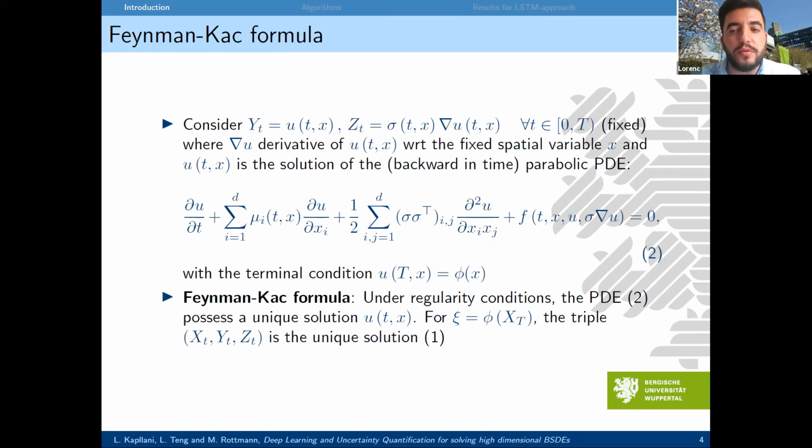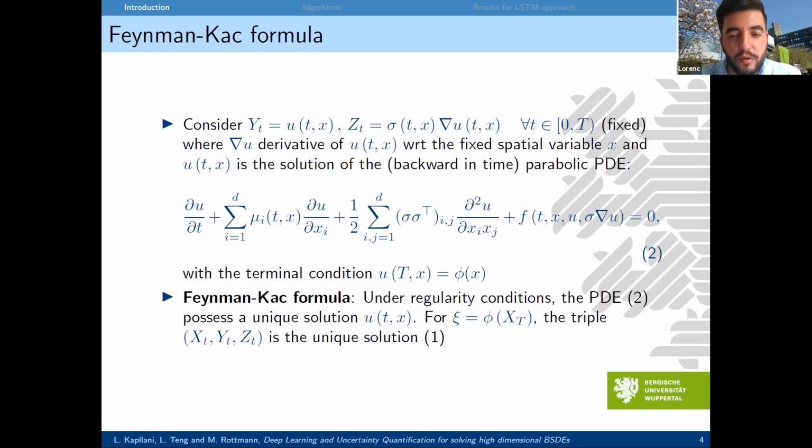An important formula for these equations is the Feynman-Kac formula, which gives the relation between partial differential equations and BSDEs. It is as follows: if you consider that Y_t is a function of time and space, and Z_t is the diffusion multiplied by the gradient of this solution, then the solution of the BSDE is in fact the solution of the backward in time parabolic PDE, which is given in equation 2.